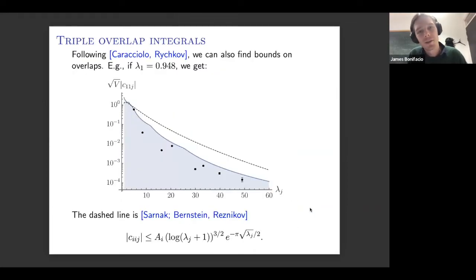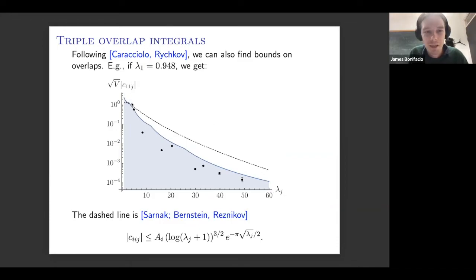Another thing you can do is find bounds on these triple overlap integrals themselves. Here I've shown a sort of semi-random example where if I assume lambda 1 is this number, 0.948, I can find an upper bound on this triple overlap of phi 1 squared times phi j in terms of lambda j.